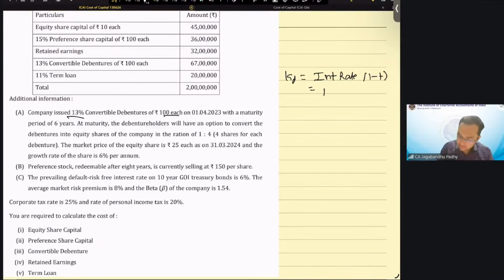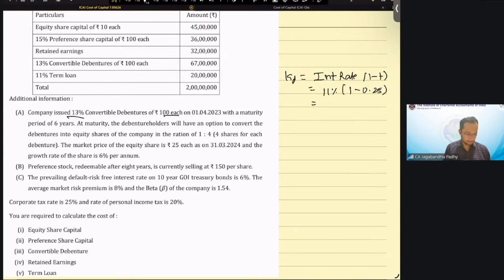So interest rate is 11% into 1 minus tax rate 25%.